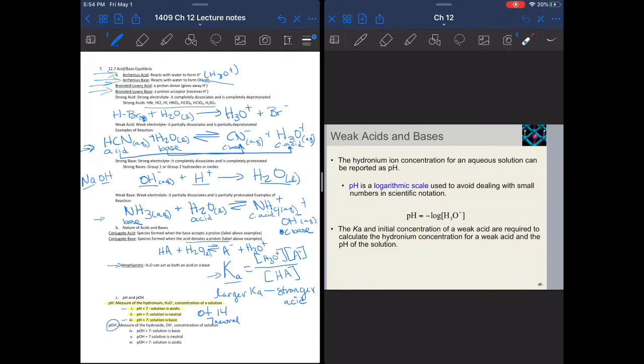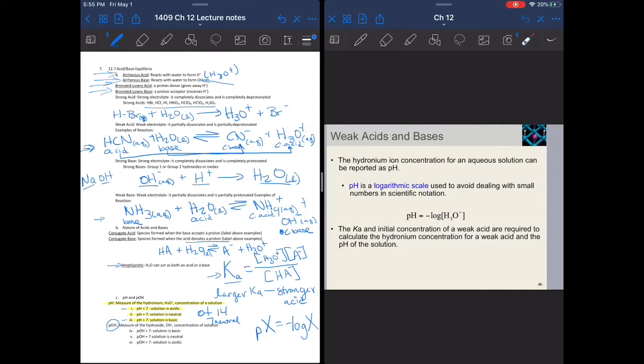Now, pOH has the opposite trend because you're either looking at the hydronium concentration or you're looking at the hydroxide concentration. And if you don't already know, p of anything, right, means it's a log function. So pX would be negative log of whatever X is.